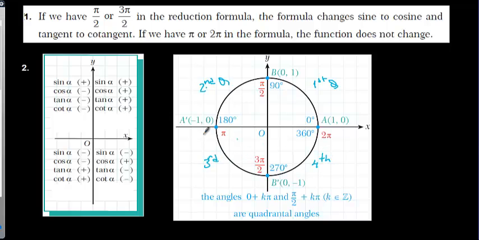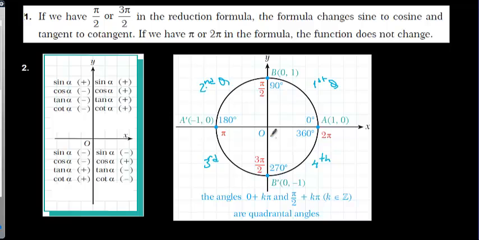In the first quadrant, sine, cosine, tangent and cotangent are positive. In the third quadrant, sine and cosine are negative, but tangent and cotangent are both positive, since negative over negative is positive. In the second quadrant, they are both negative.